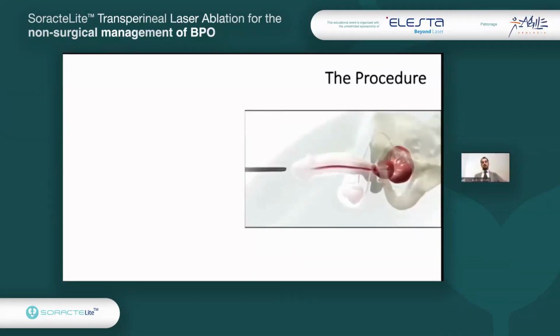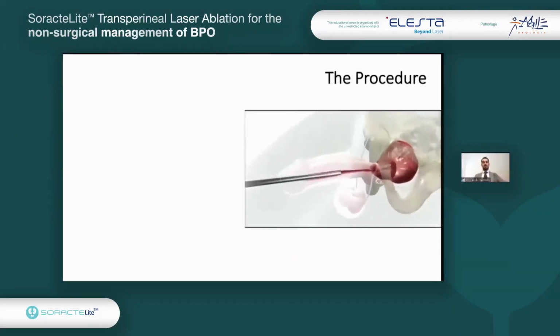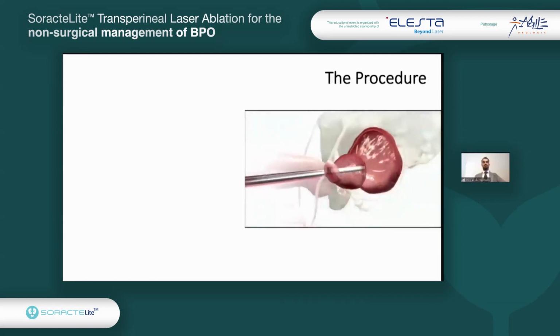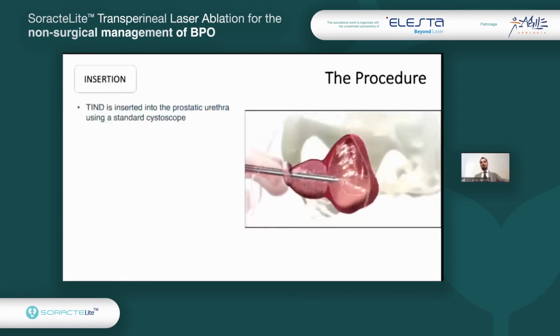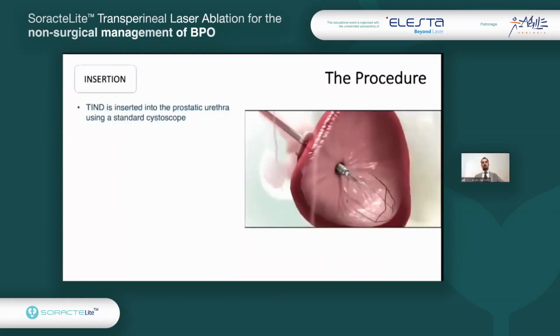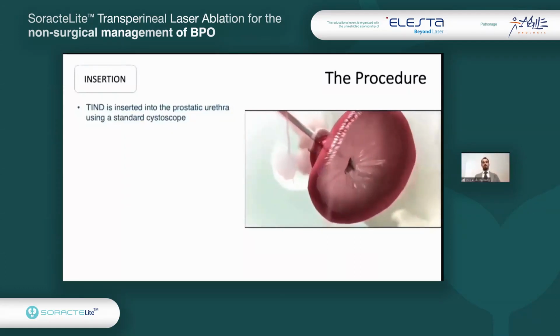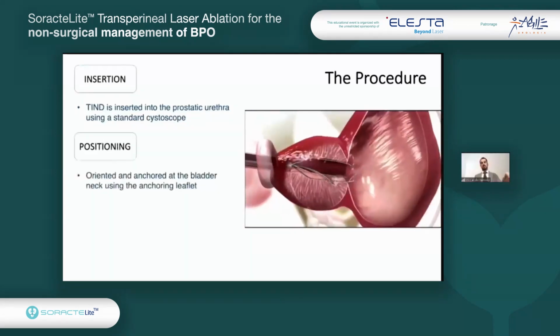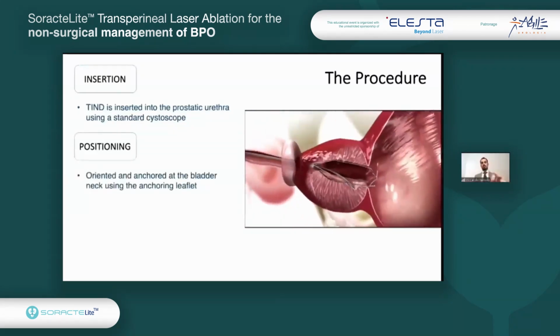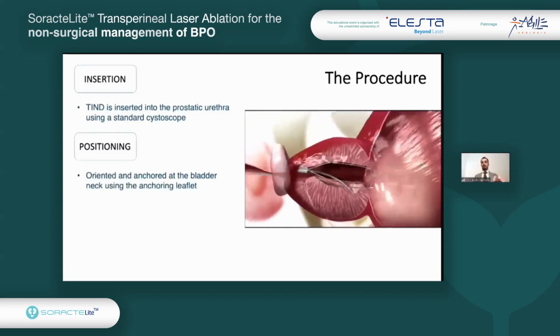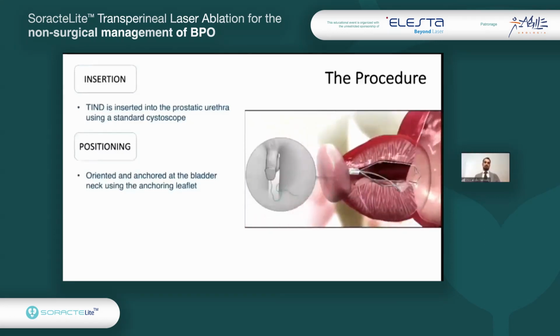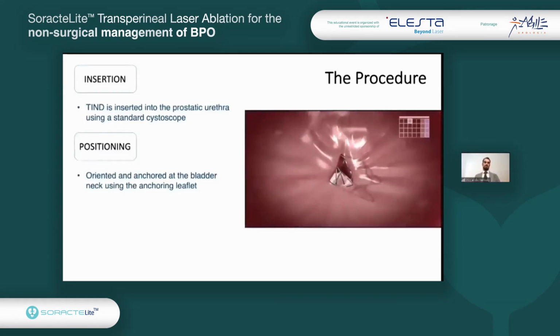The procedure is, as I said, pretty easy to master, using a cystoscope inserted transurethrally. We get into the bladder, and then the device is positioned after orientation and anchored at the level of the prostatic urethra.